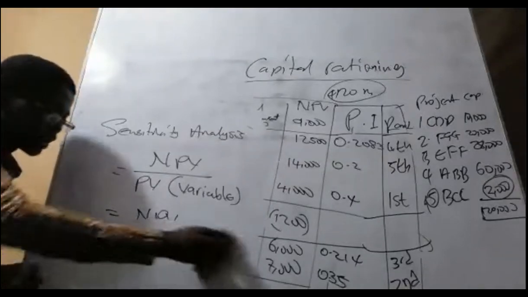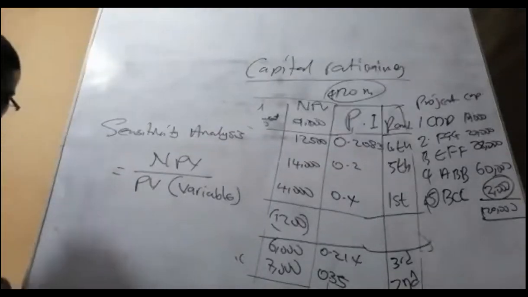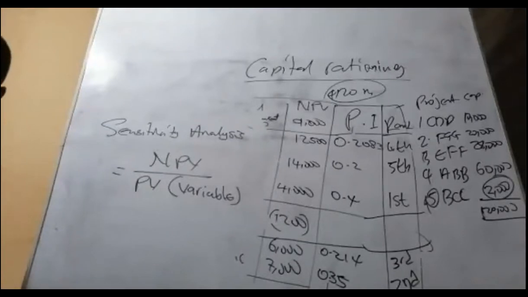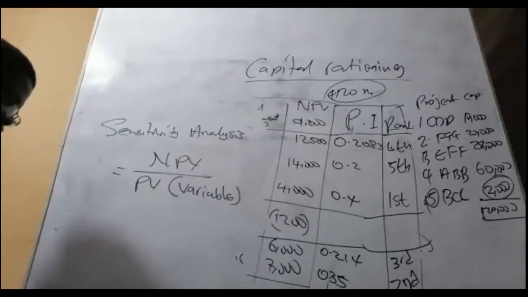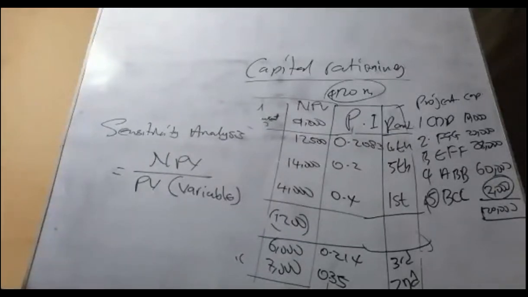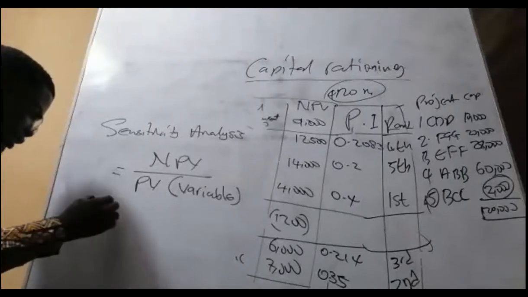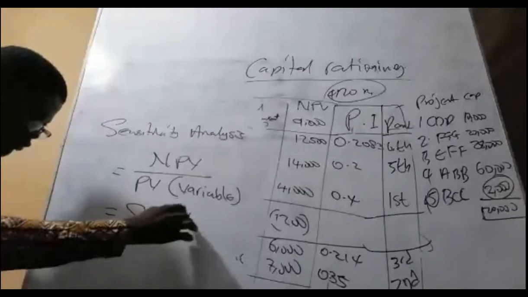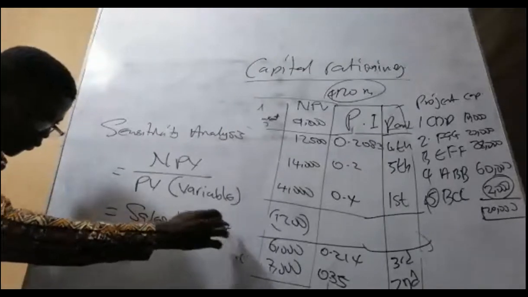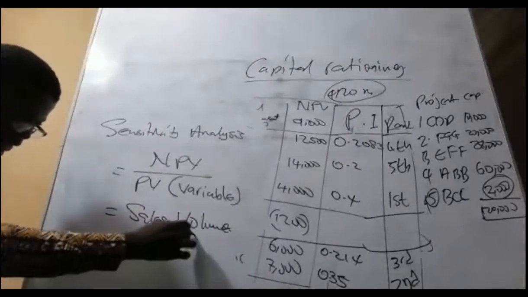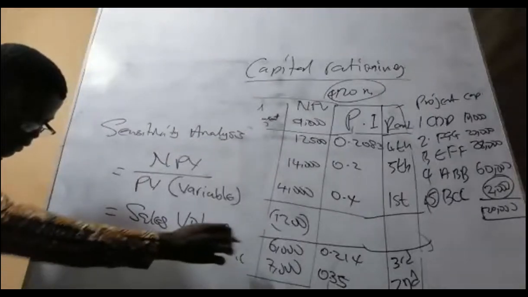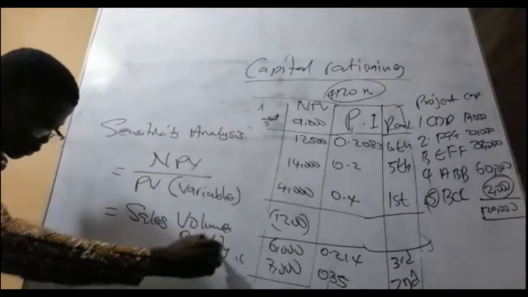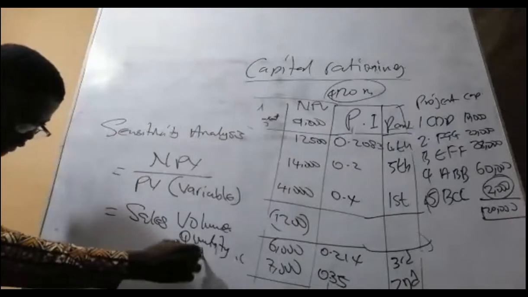So I'm done. Now let's go to the variable cost. They can also ask you to conduct a sensitivity analysis on it. Then you are done. Profit, the same. Then when they ask you for sales volume, that's the sales quantity or sales units.